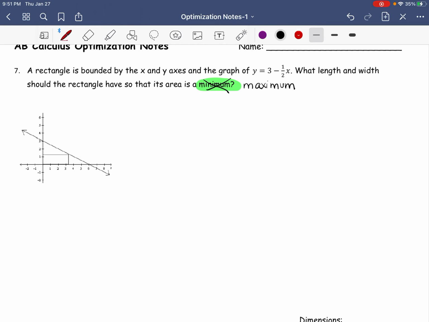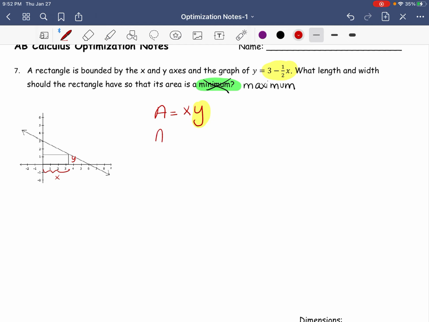All right, so we're back to maximizing and minimizing. The area of the rectangle is what we're going to maximize. Let's write it as x times y. That would be the area of any rectangle, x times y. I don't like that there's two variables, but I have this equation, y equals 3 minus 1/2 x.